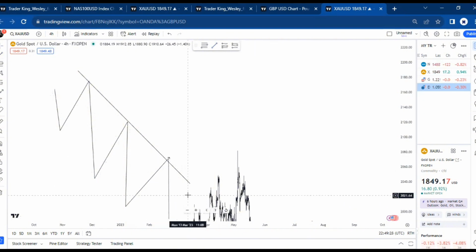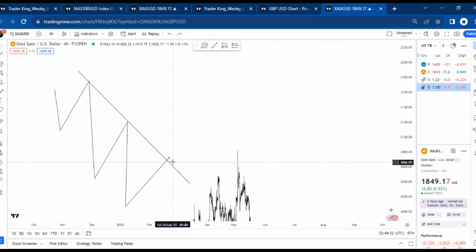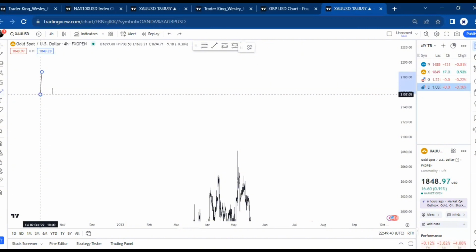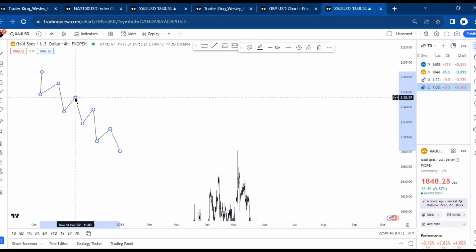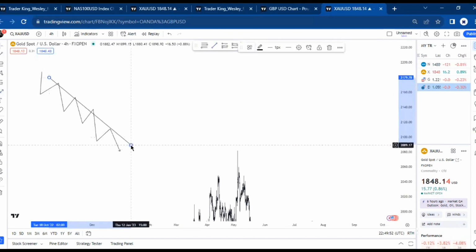Of course, you can have scenarios whereby you get almost 4 or 5 touches, something of this nature.